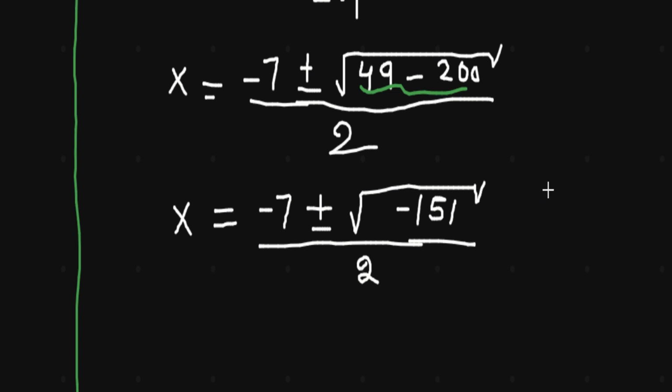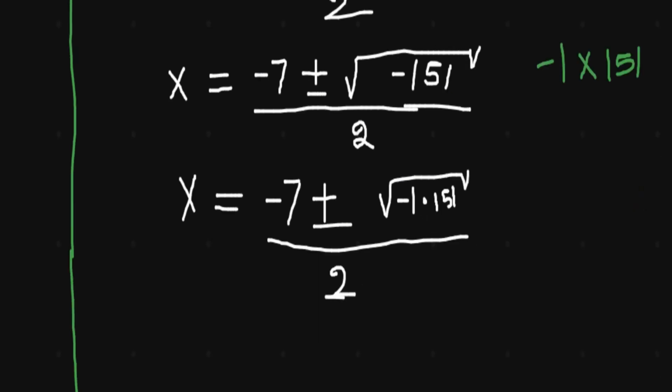Here we can write minus 151 as minus 1 into 151. Therefore x equals minus 7 plus or minus the square root of minus 1 into 151 by 2. Now we are splitting the root here.